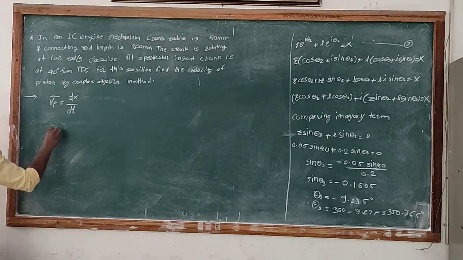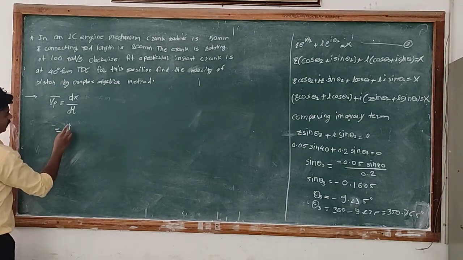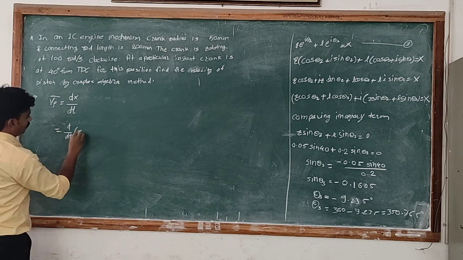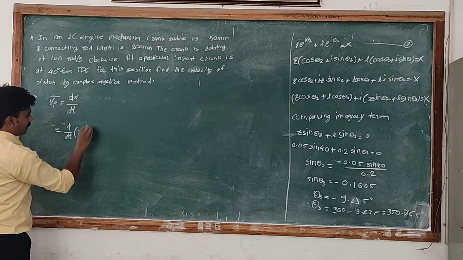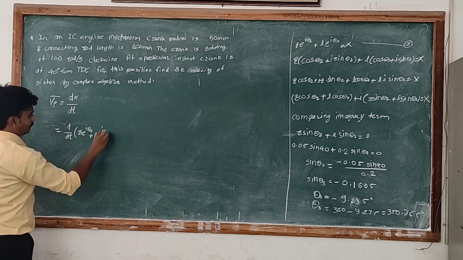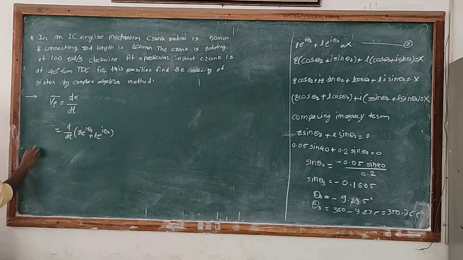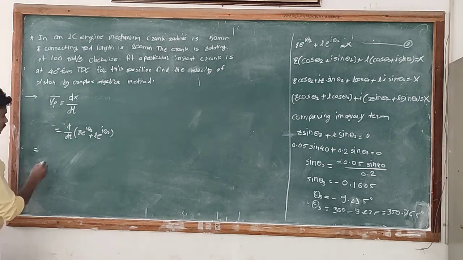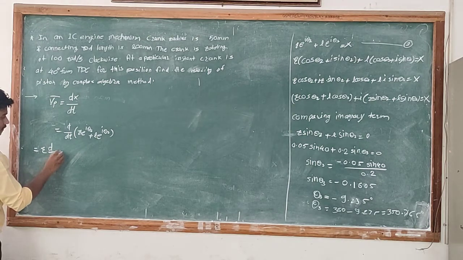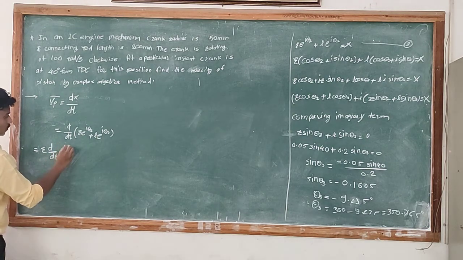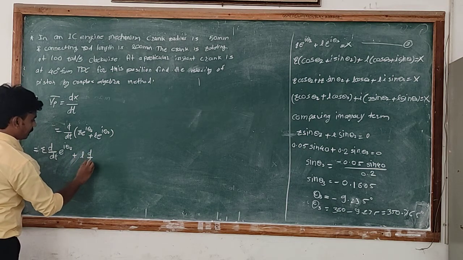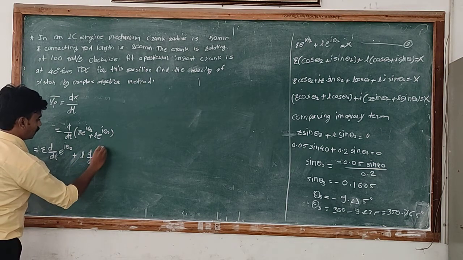Therefore it is equal to d by dt of r into e raised to i theta 2 plus L into e raised to i theta 3. So this is equal to r into d by dt of e raised to i theta 2 plus L into d by dt of e raised to i theta 3.